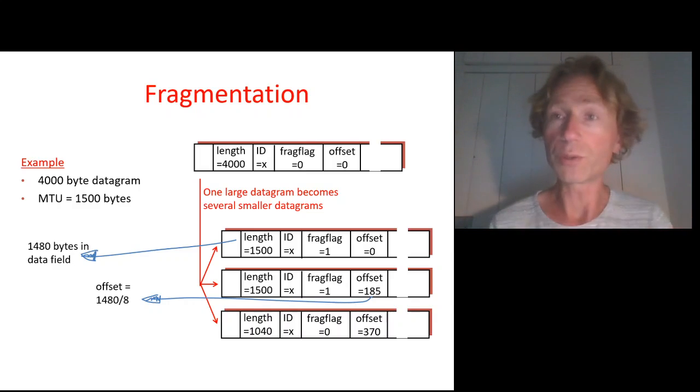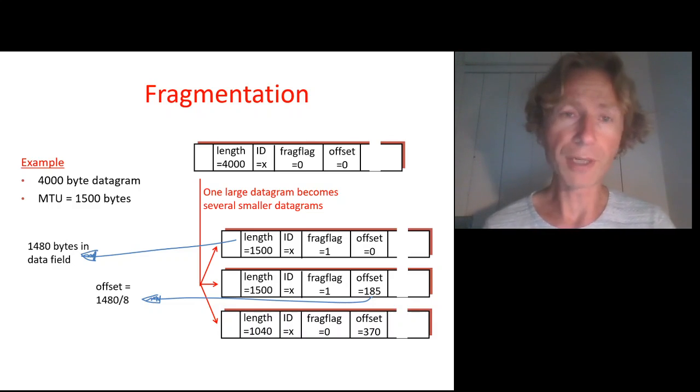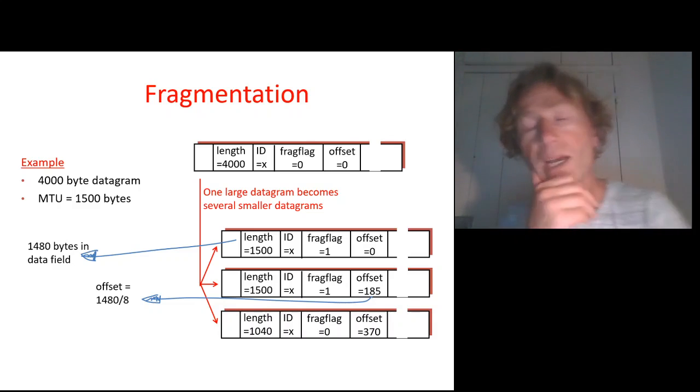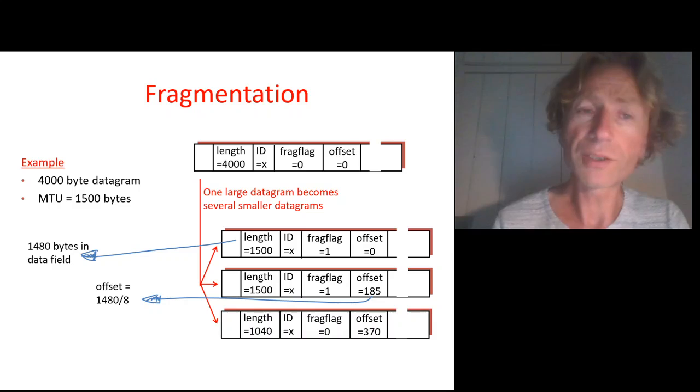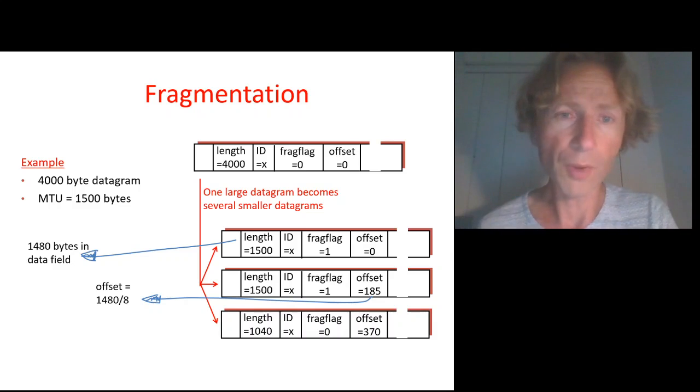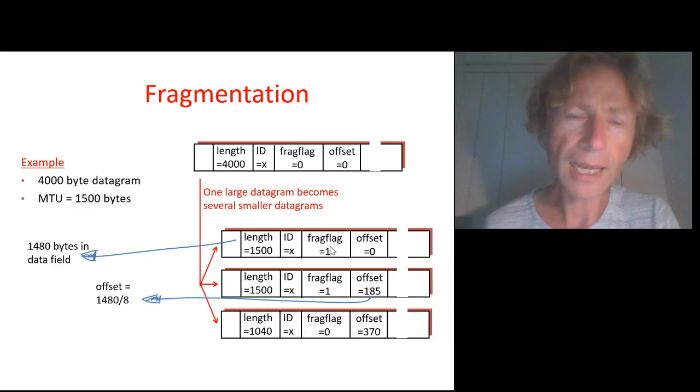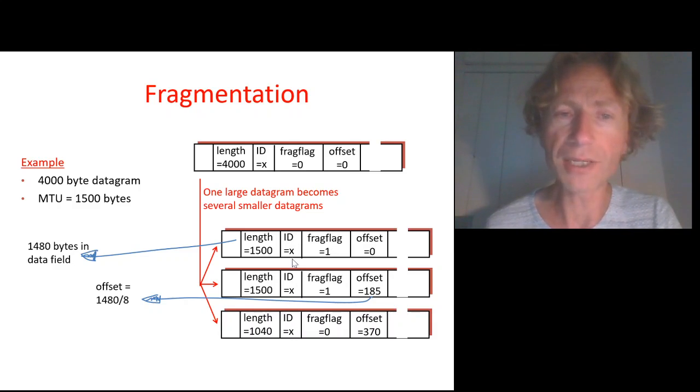We still have 2 additional IP headers, and each of the IP headers is 20 bytes. So we have 2 additional IP headers of 20 bytes, which is the additional 40 bytes. So we have 3 fragments, 2 of 1500 bytes and 1 of 1040 bytes, and they all have the same identifier, the same IP ID.